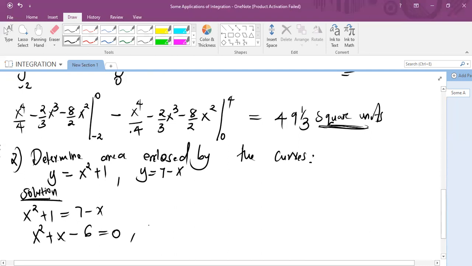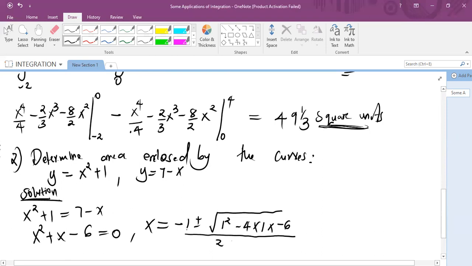So solving this using the quadratic formula, x is equal to minus 1 plus minus the square root of 1 squared minus 4 times 1 times minus 6, all this divided by 2 times 1. And what does this give?